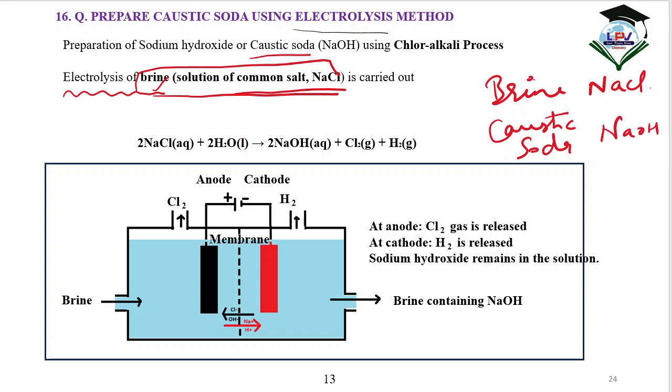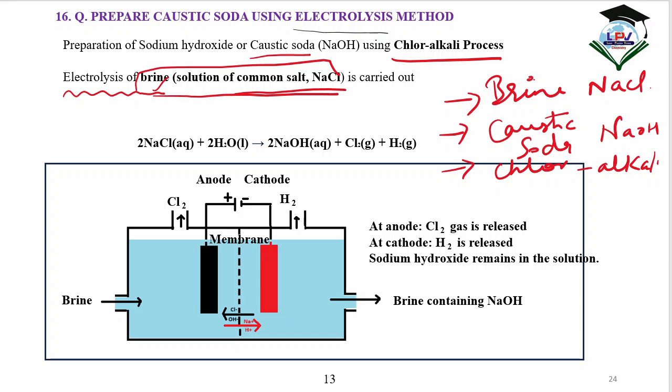The question can be direct, like chlor-alkali process. Explain chlor-alkali process. The questions can be of any type, but here the answer is going to be the same: electrolysis of brine, prepare caustic soda, explain chlor-alkali process.